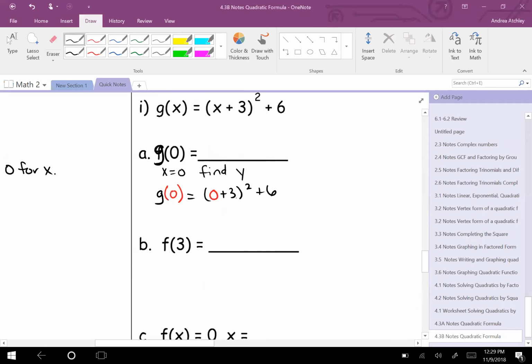Then 0 plus 3 is 3 squared plus 6. Three squared then is 9 plus 6 is 15. So g of 0 is 15.